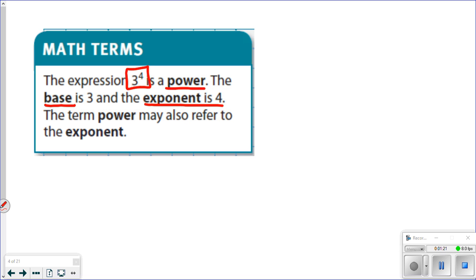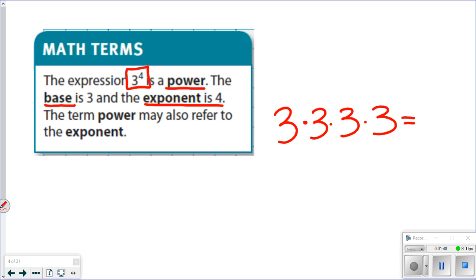Now, what this means is this does not signify 3 times 4. This is actually 3 multiplied by itself 4 times. So it's 3 times 3 times 3 times 3.